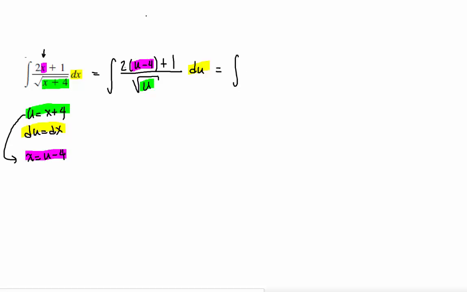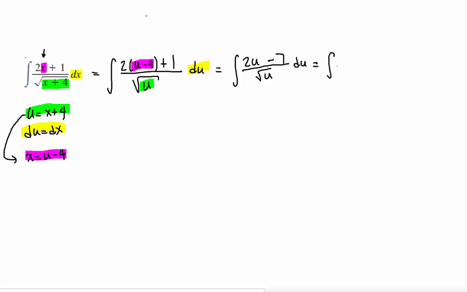So let's distribute this out. So we get 2u, then minus 8 plus 1, so it becomes a minus 7, over the square root of u. Well, that's not too bad, because I can always just treat this one as u to the 1/2 and write this as 2 times u over u to the 1/2.